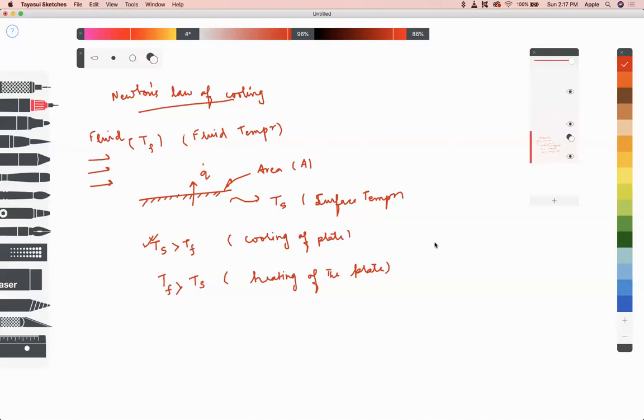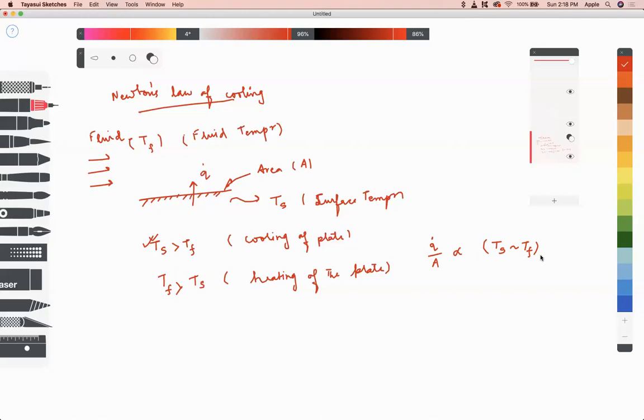Now Newton's law of cooling says that heat flux is directly proportional to the temperature difference. I will write the temperature difference as Ts minus Tf. I have chosen the first case, but both cases are possible, so I write it such that whichever is greater is written first, subtracting the other term from it.